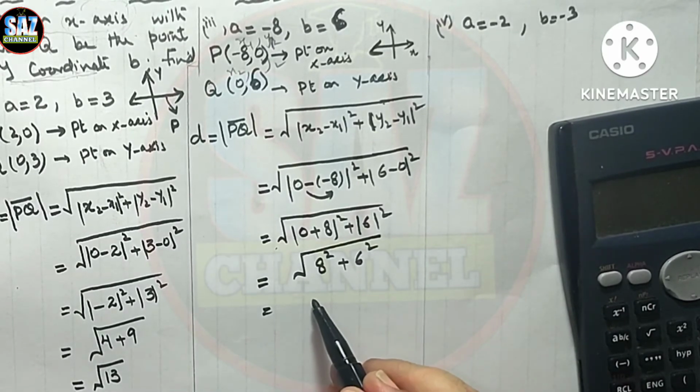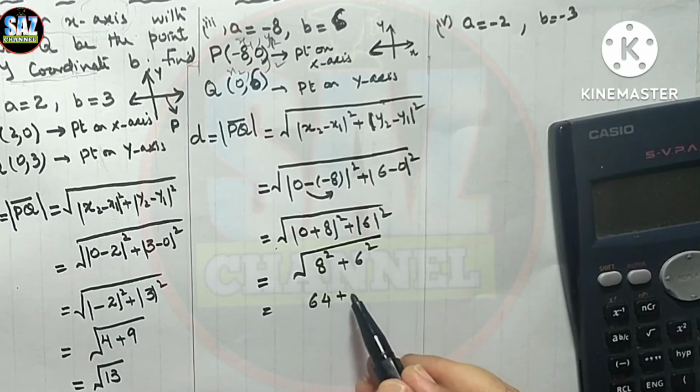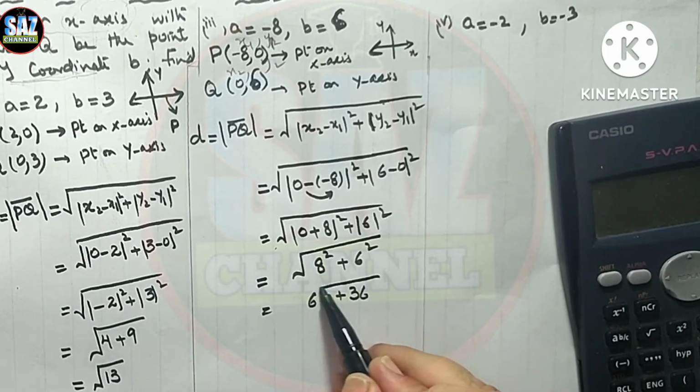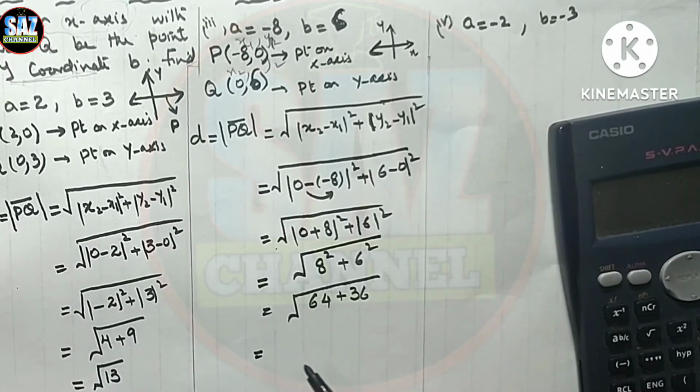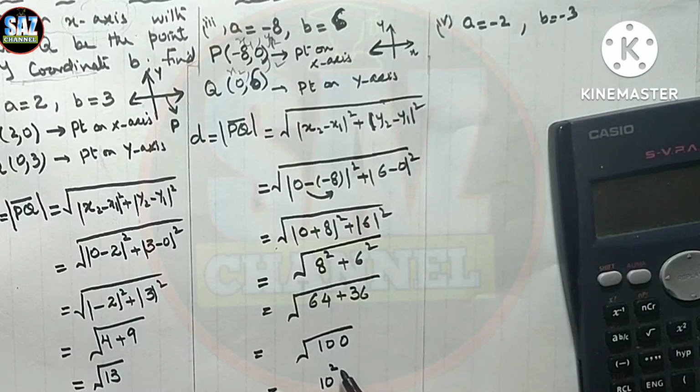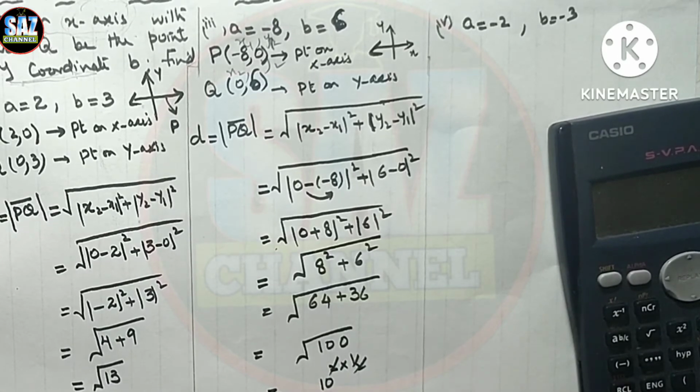This is 64 plus 36, and when I add them, 6 and 4 is 10, 6 and 3 is 9 and 1 is 10, 100. And 100 is a perfect square. I have to think about the number whose square is 100, that is 10 square raised to the power 1 by 2. So the answer for this question is 10 units.